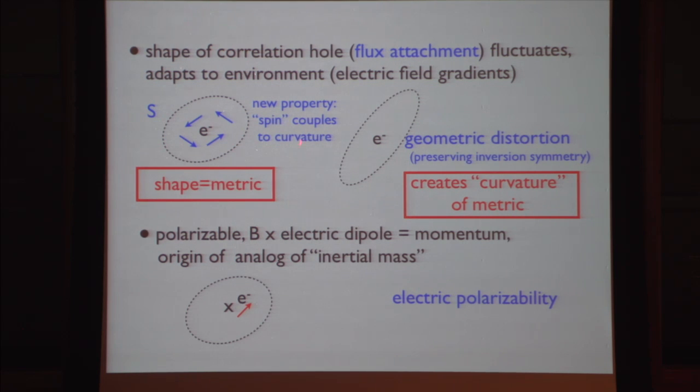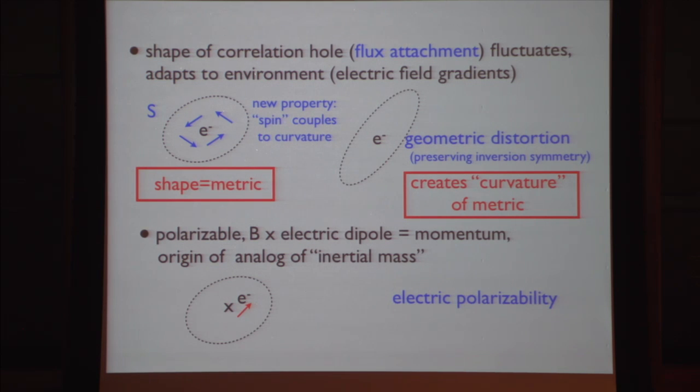But interestingly, a number of things. The shape of the correlation hole is the metric, but if we have a non-uniform system where there's some reason for the electron density to be non-uniform, it can actually achieve that, because, as we saw at the beginning, the coupling that makes sense for the quantum Hall effect includes not just a coupling to the magnetic flux density, which is an external background field, but also a coupling to the Gaussian curvature of some metric.